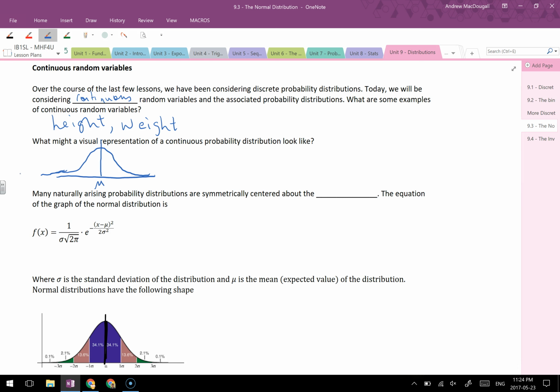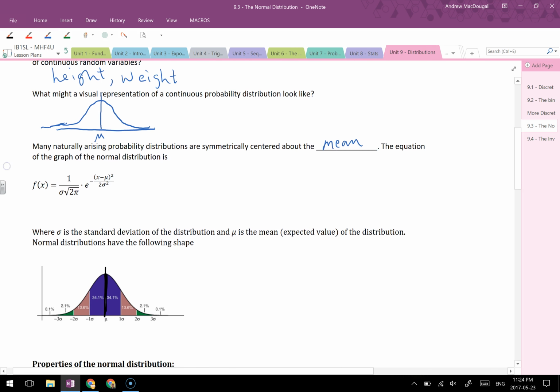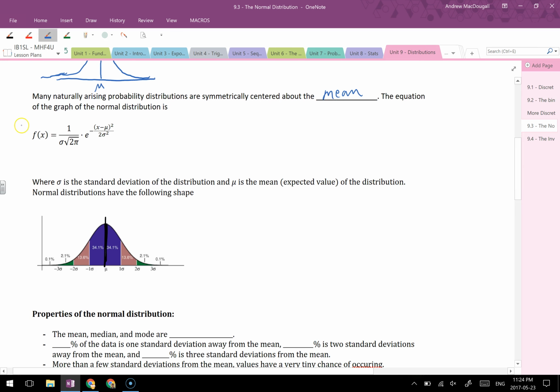Many naturally arising probability distributions follow this shape, and they are symmetrically centered about the mean. If you wanted to graph this equation, you can use this really ugly function here. That is beyond the scope of our course, but in case you're interested, you can take a look.